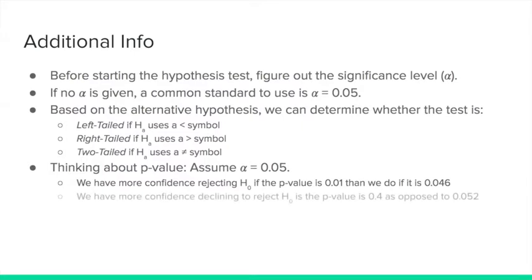On the other hand, if our decision is to not reject the null, to fail to reject or decline to reject, then it makes a difference whether the p-value is 0.052, just barely higher than that alpha, or if it's 0.4, which is 8 times what we needed to be in order to fail to reject.